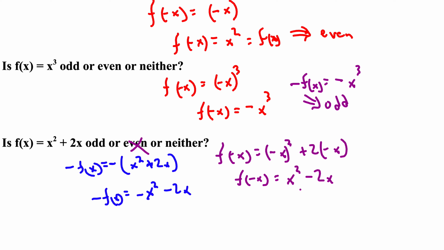So then what we have to do is compare. We know that it's not even because this does not match the original. Now we take this, and we compare them, and they do not match. So therefore it is not odd, which makes it neither. Therefore, neither. That's the crash course.